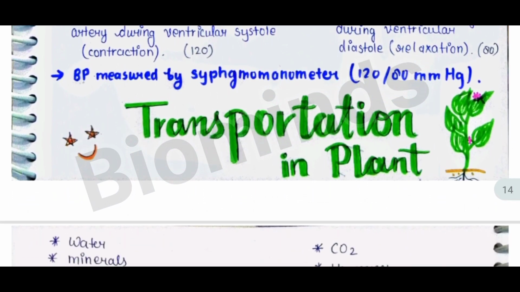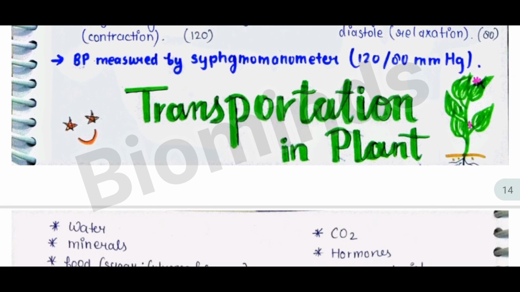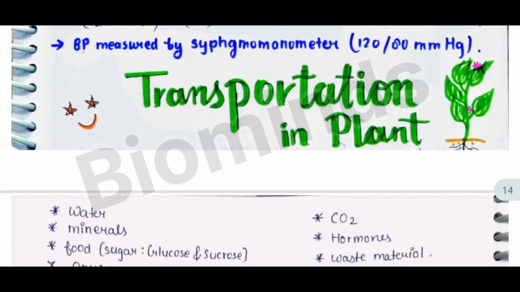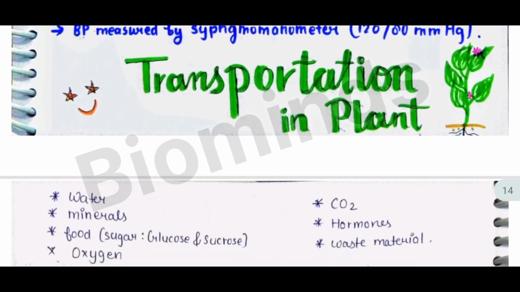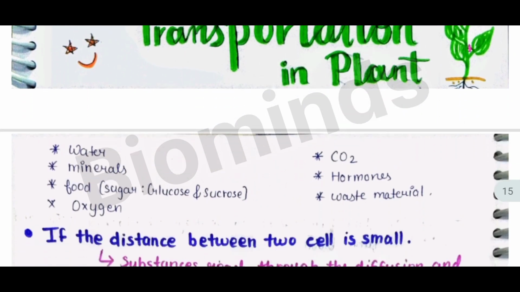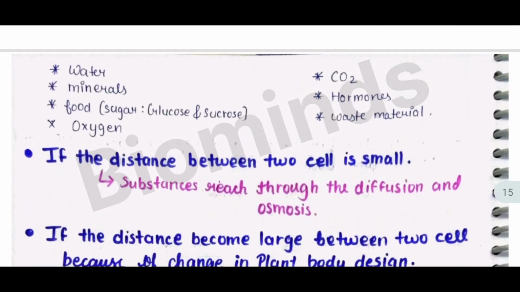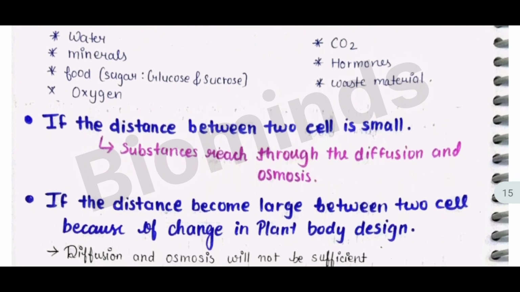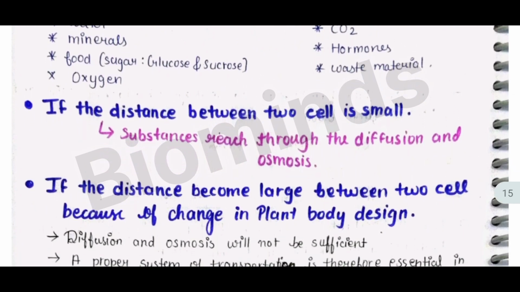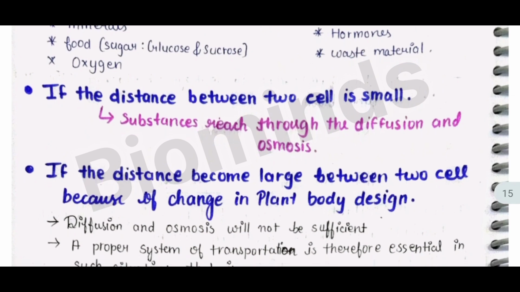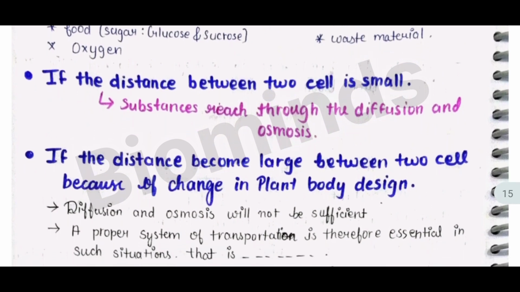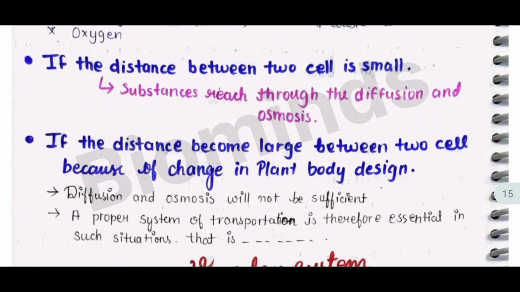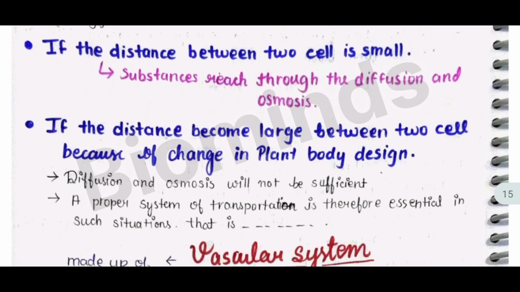Then transportation in plants. Water, minerals, food, oxygen, carbon dioxide, hormones and waste materials are transported. If the distance between two cells is small, then substances reach through diffusion and osmosis. But if the distance becomes large between two cells, because of the change in plant body design, diffusion and osmosis will not work.